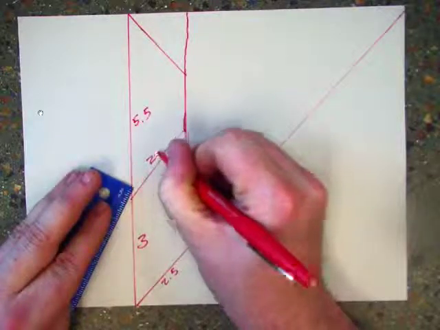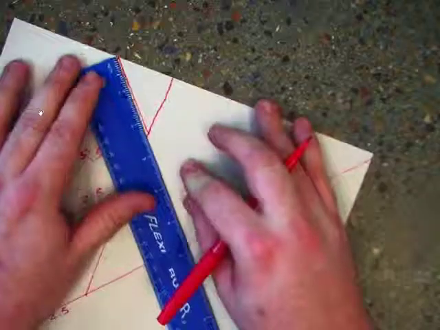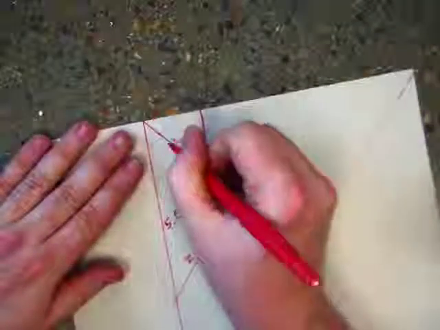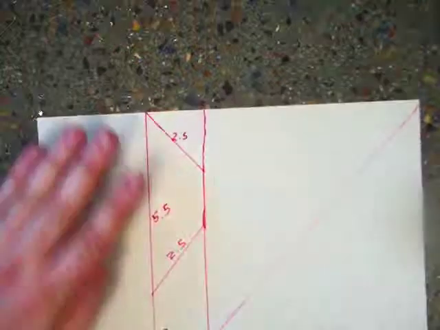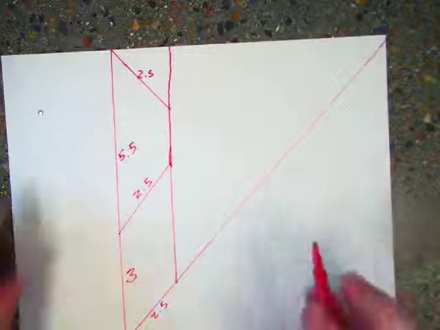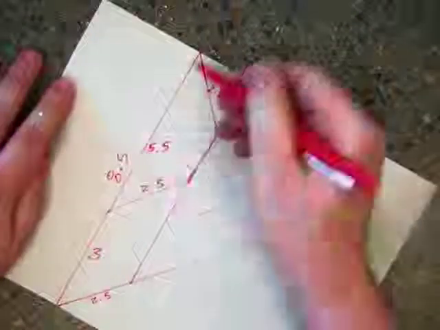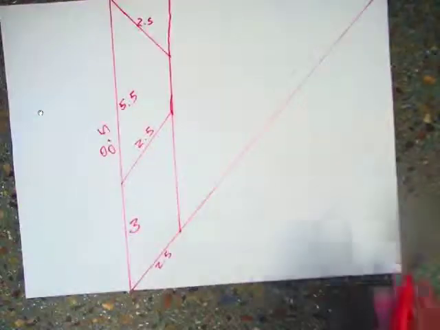And that'll be 2.5. And if I did it right, that one will also be 2.5. Yep. So you're going to go through and you're going to label every single line just like that, measure the whole thing. So this line is 8.5 because it's the whole paper. Okay, so we have this.